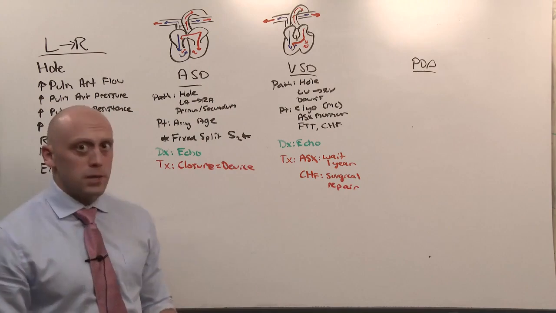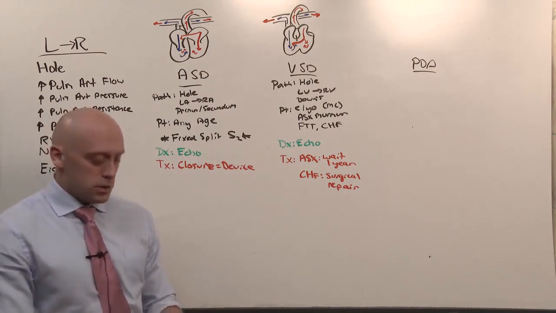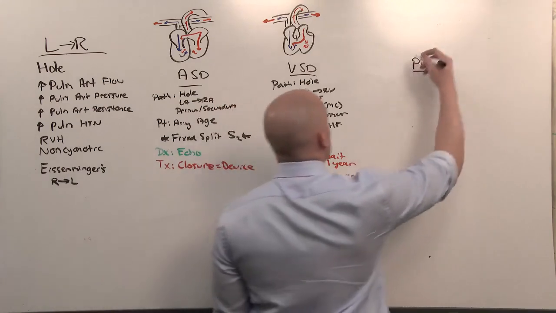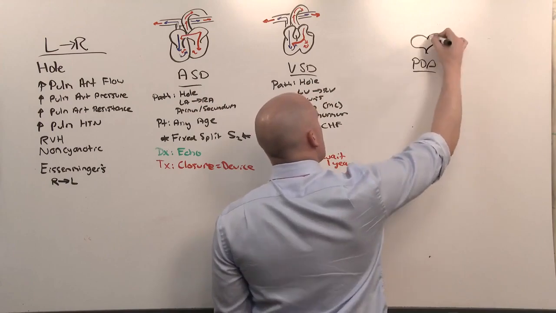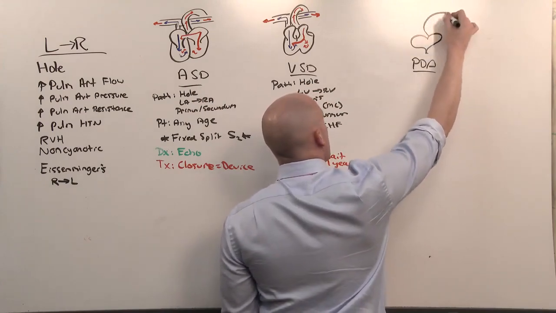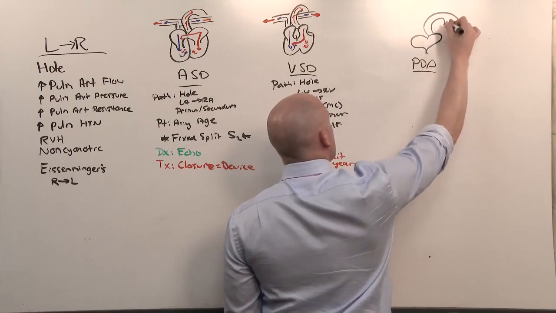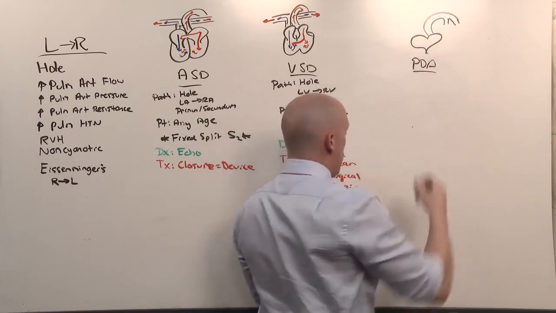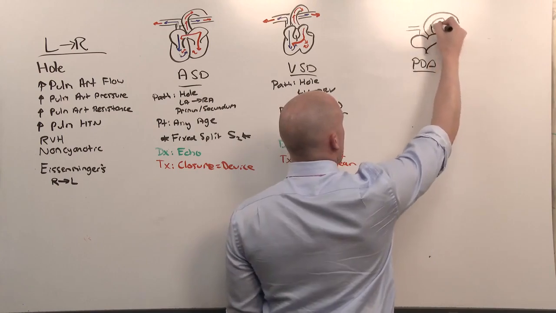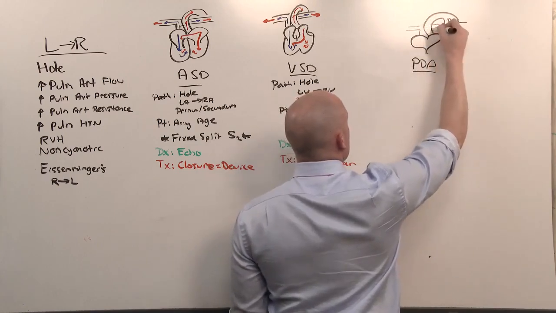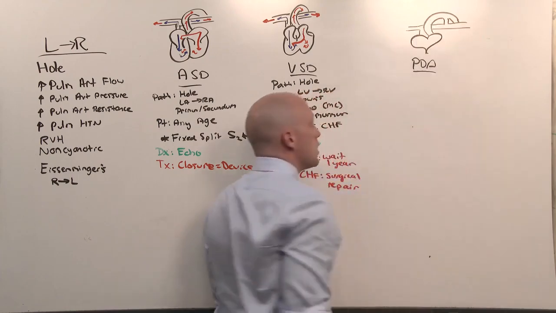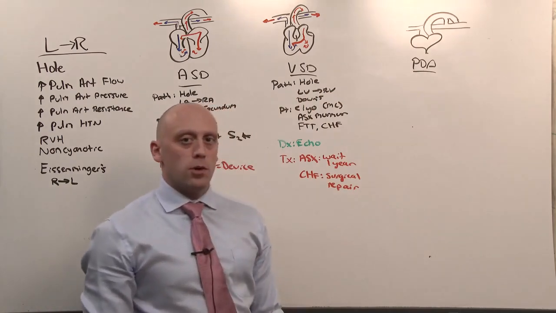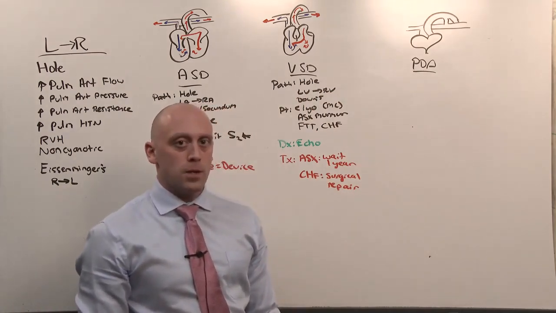And the last one, patent ductus arteriosus, is going to be nothing to do with the atrium or the ventricles. So I'm just going to draw a little heart-shaped heart. It has everything to do with the aorta and the pulmonary artery. That is, in utero, we want to bypass the lungs, and so we have a connection between the aorta and the pulmonary artery.